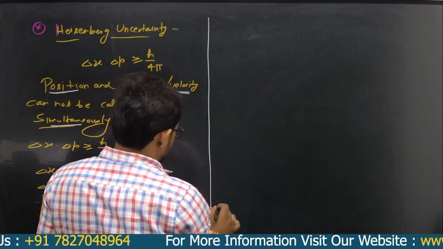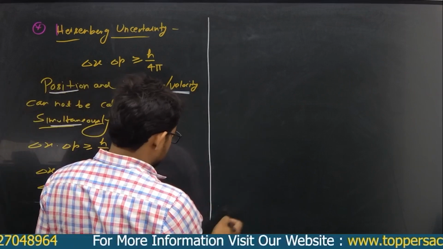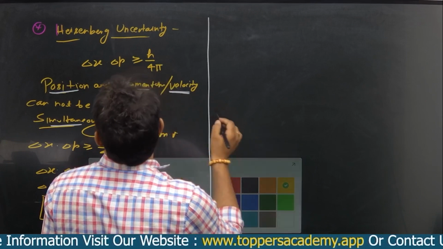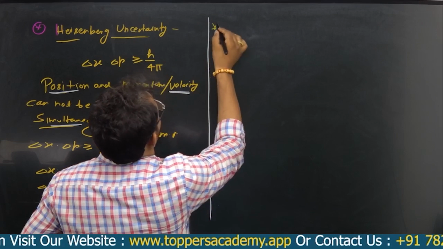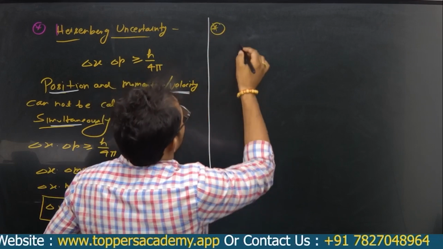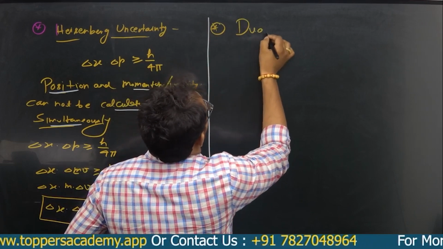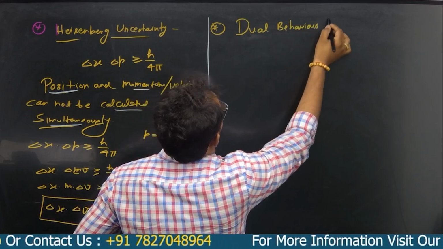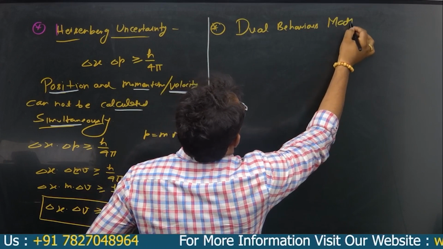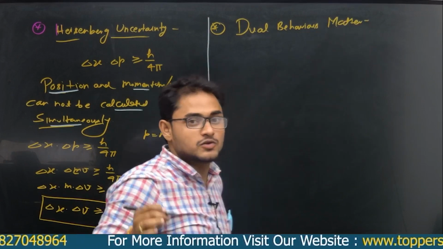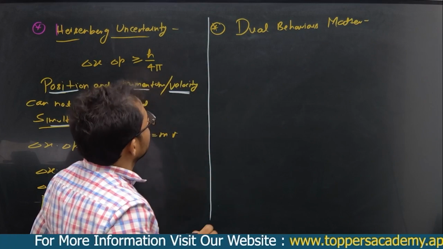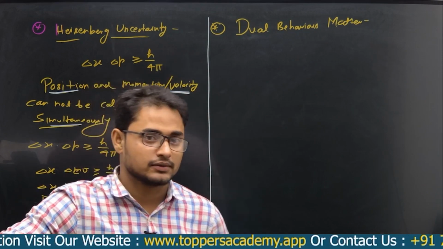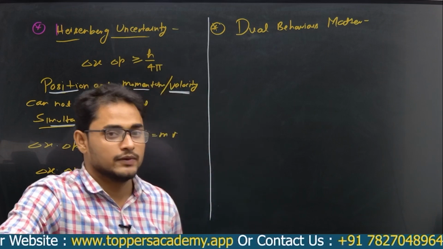The another term that we discuss here is the dual behavior of matter, right? So according to this, it is de Broglie, the scientist who gave this dual behavior.